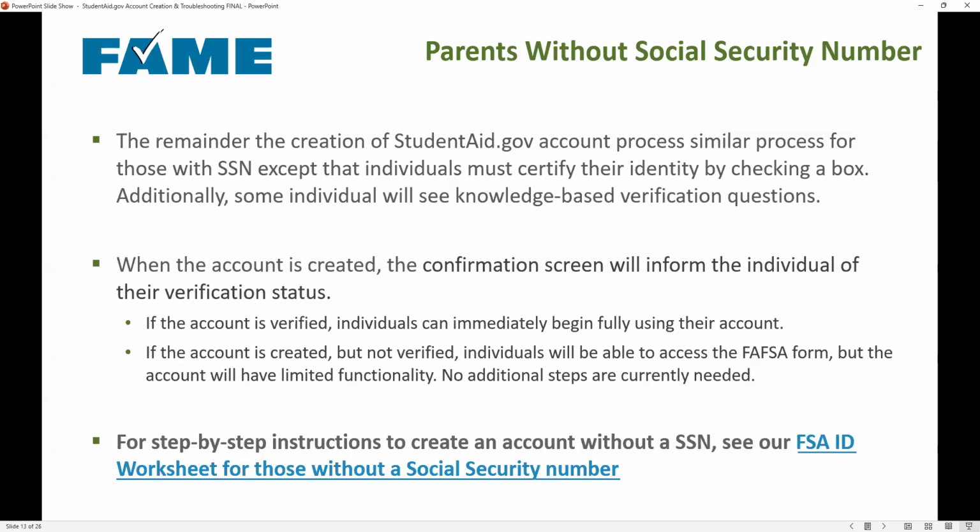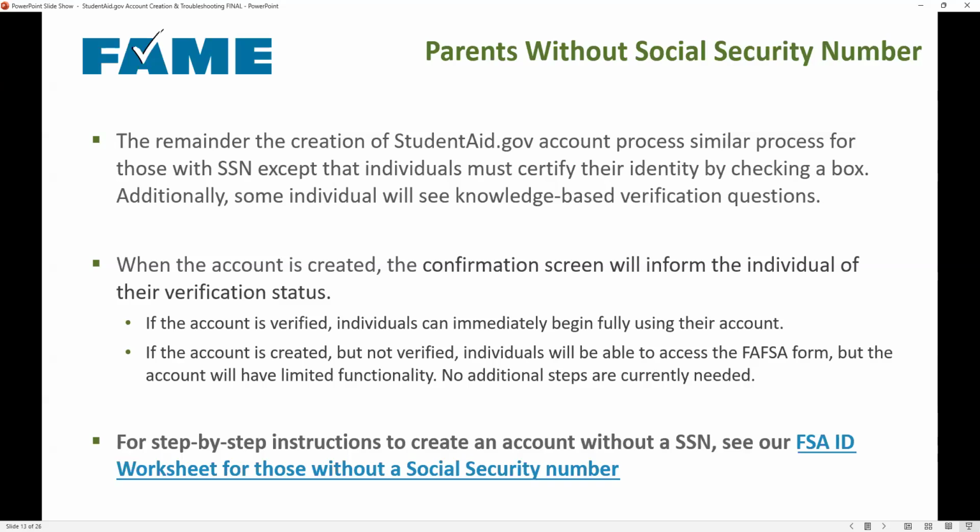Once the account is created, they will get a confirmation screen and they can go ahead and fill out their FSA ID, StudentAid.gov account. Once they do that, they can immediately use the account. And if they're not verified, they will have additional information, one more try to identify who they are so they can complete the form.